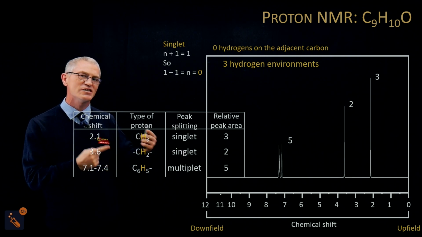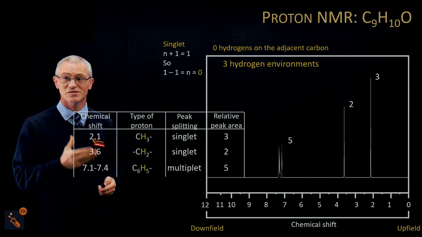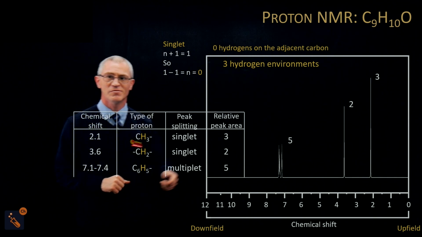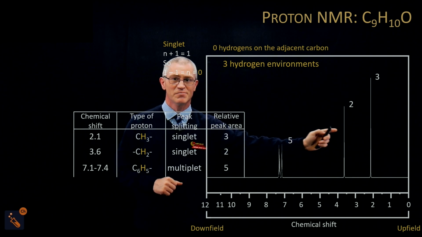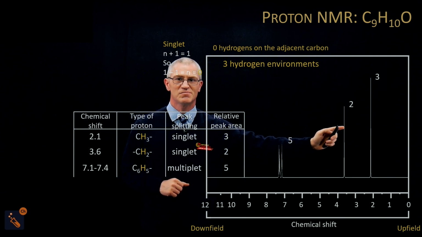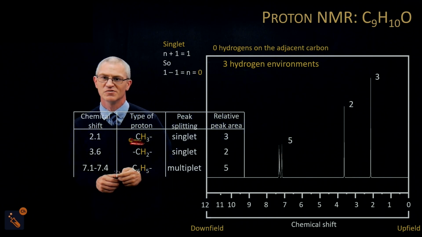Now you can't have a C double bond O and a C-O in this molecule, so therefore the data sheet, even though it's good sometimes, can sometimes also be very confusing. And remember, also the benzene pulls these peaks downfield sometimes. So that means this peak is more likely to be next to the benzene than the further one away.